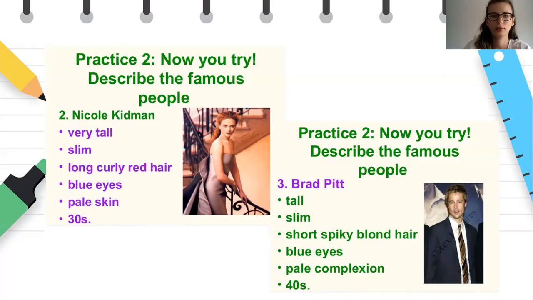Nicole Kidman. Use this. Very tall, slim, long curly red hair, blue eyes, pale skin, 30s. And Brad Pitt, tall, slim, short spiky blonde hair, blue eyes, pale complexion, 40s.